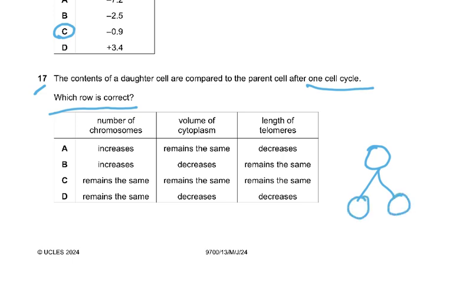The main thing is that the cytoplasm volume would decrease. So the chromosome number remains the same, the volume of cytoplasm decreases, the length of the telomeres will also decrease. So the answer is D. That's what happens after every mitotic activity, and that's what causes aging.